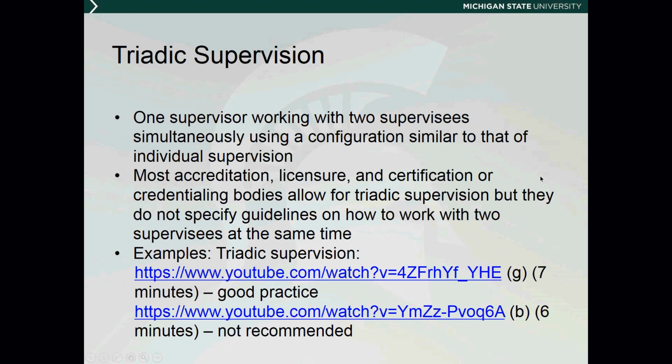And again, with this one, I also have two YouTube videos. They're relatively short, but they are examples of what good practice of triadic supervision is in the first one, and the second one is what is not recommended.